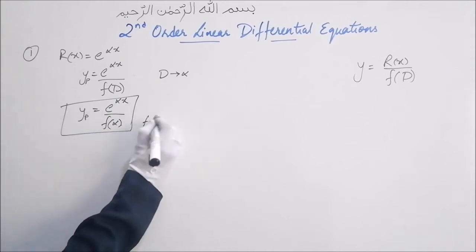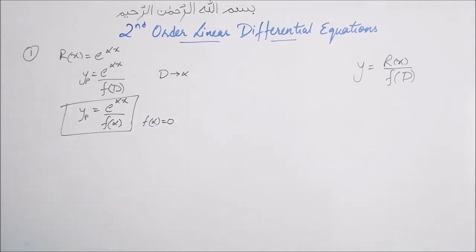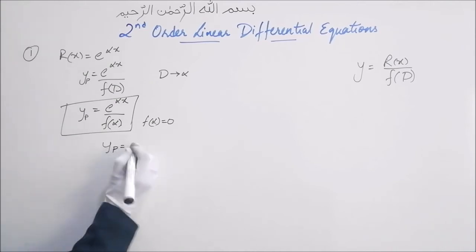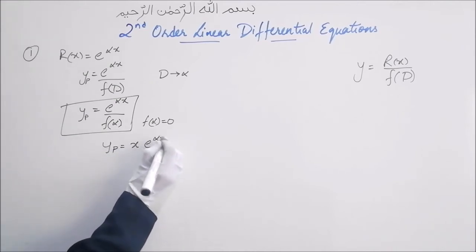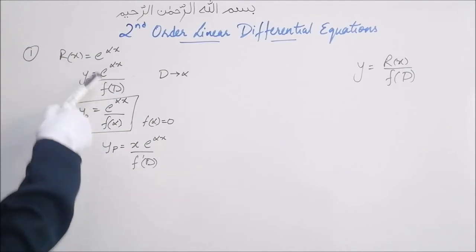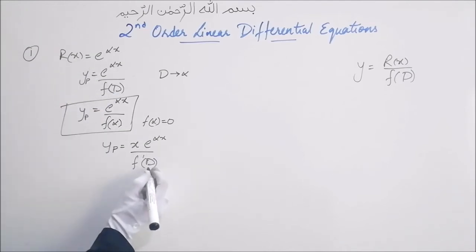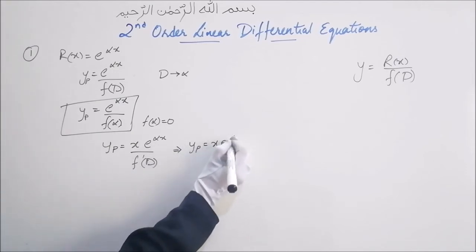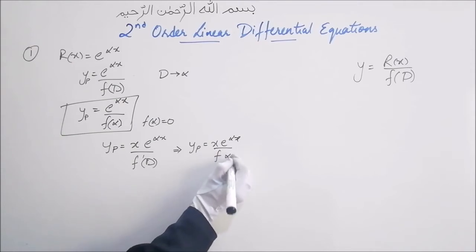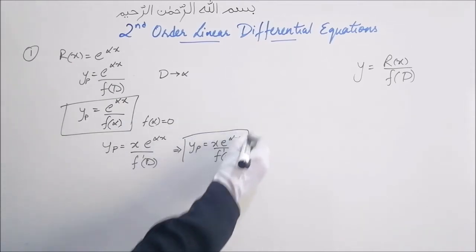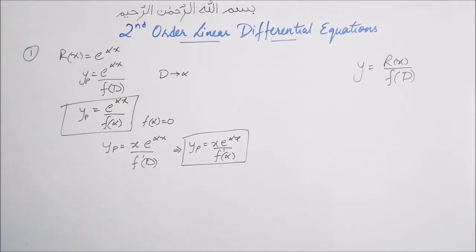Now if f of alpha comes out to be 0, then we will take the particular integral to be x e raised to alpha x upon f dash of D. You will differentiate the denominator and put an x here. Now we'll replace D by alpha and we'll get the particular integral to be x e raised to alpha x upon f dash of alpha. So this will now be our solution of the particular integral.